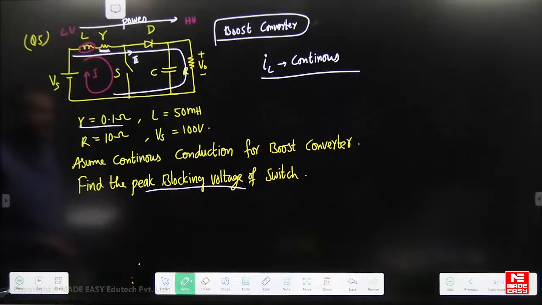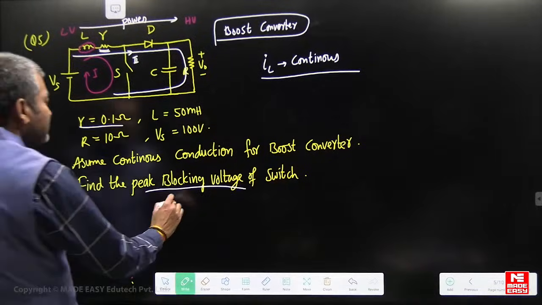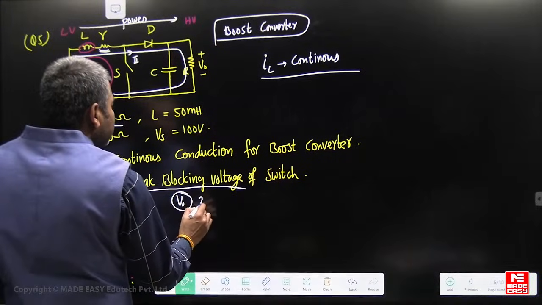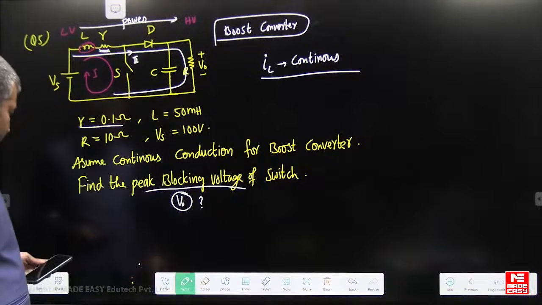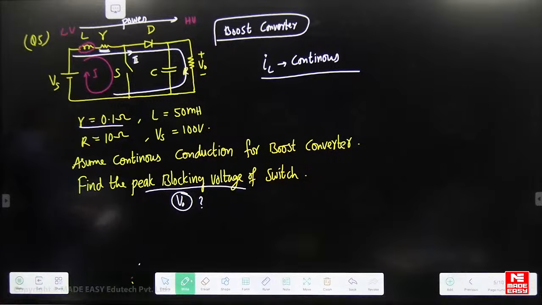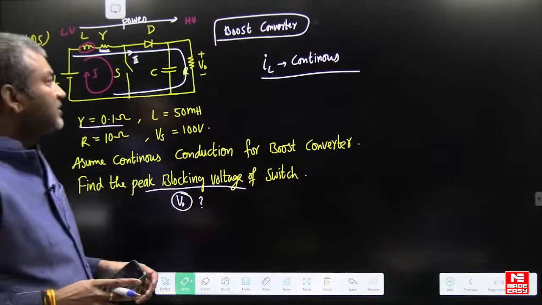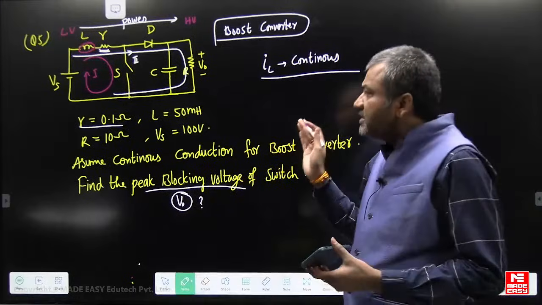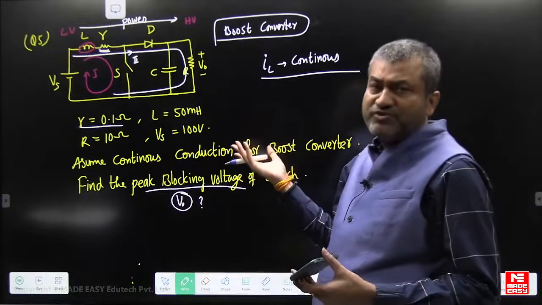So, here in the case of a boost converter, the blocking voltage of the switch is the output voltage. That means indirectly we have to find out the output voltage here, because in the case of boost converter, the output voltage of the converter is the blocking voltage of the switch.